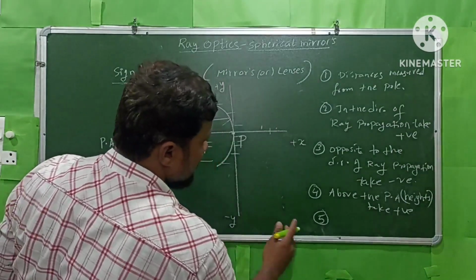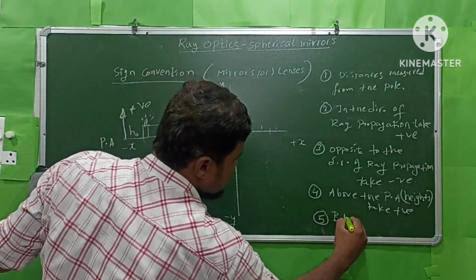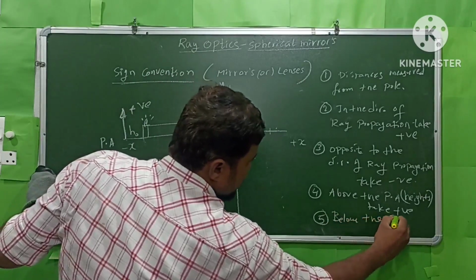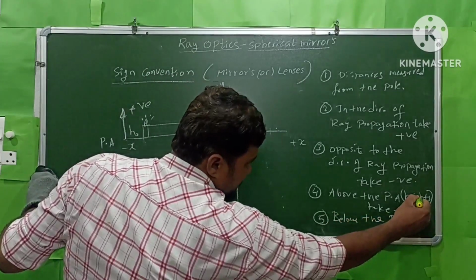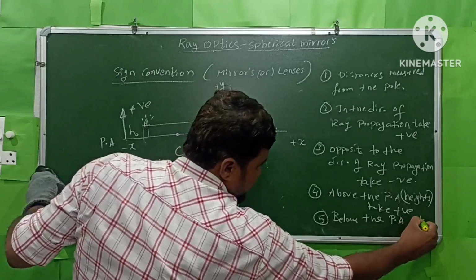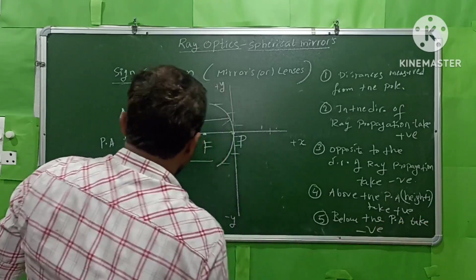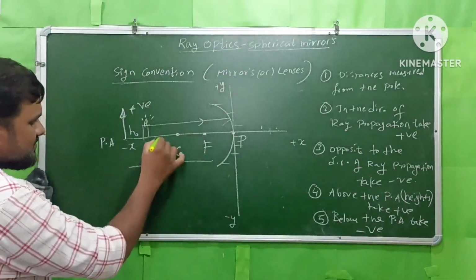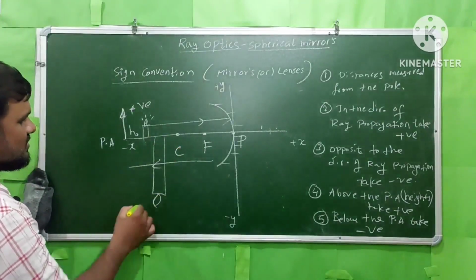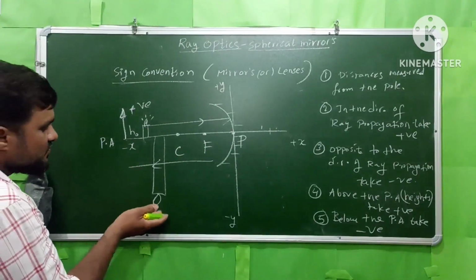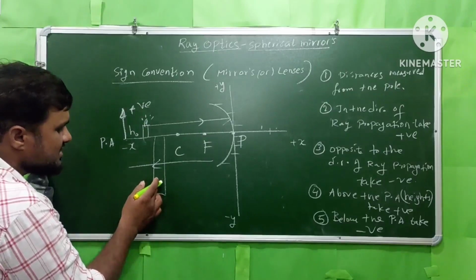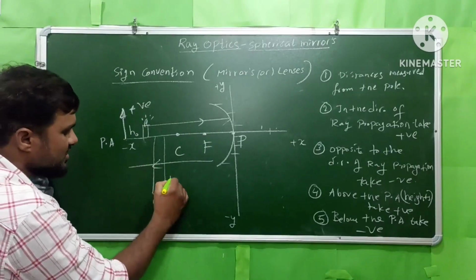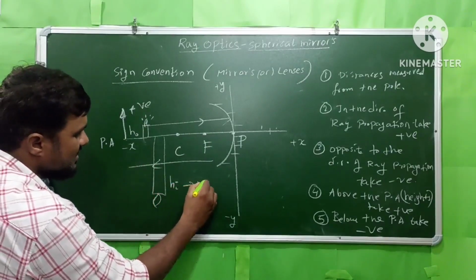Next rule, below the principal axis, again heights are taken negative. Suppose I got the image like this, in an inverted manner, you need to consider this height of the image as negative.